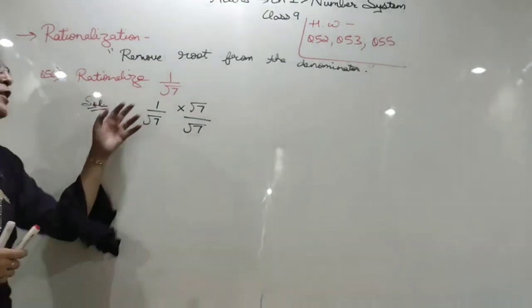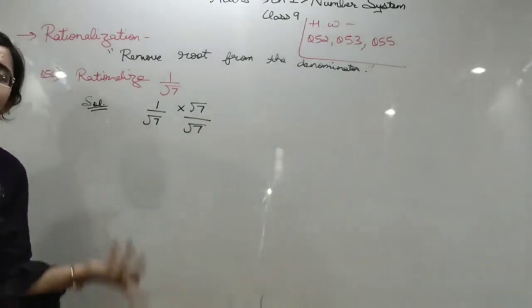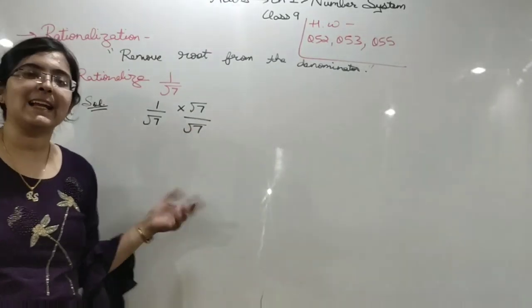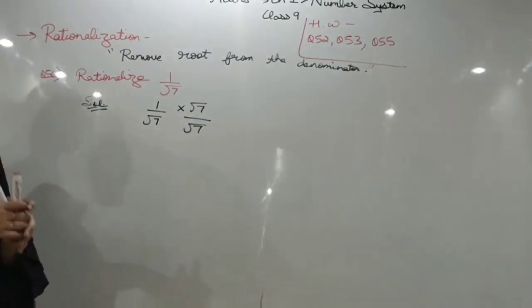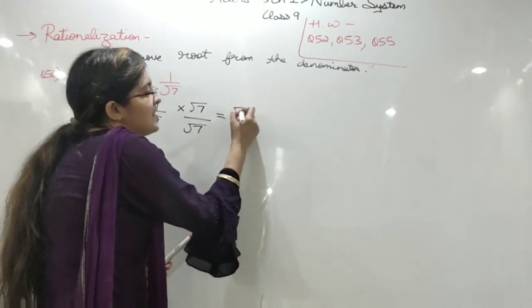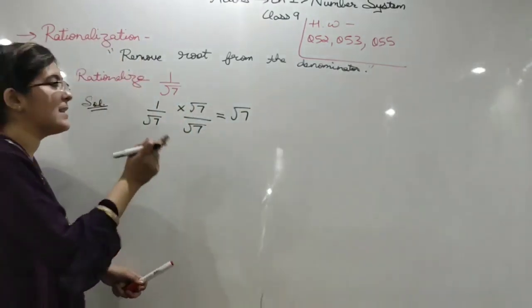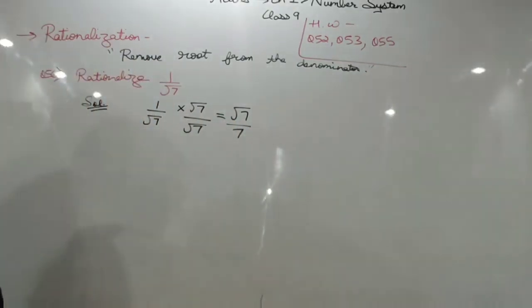You will say, ma'am, if it was 1 by root 2, then you will multiply and divide it by root 2. Okay, is it clear? Here, what will come? 1 into root 7 is root 7, and remember this thing, root 7 into root 7 is 7.